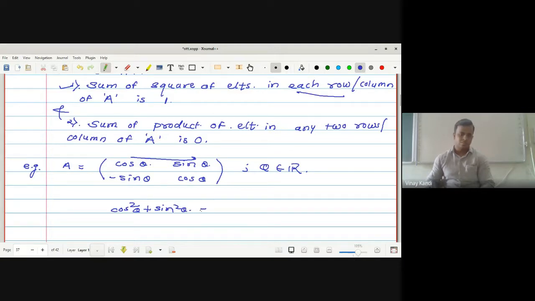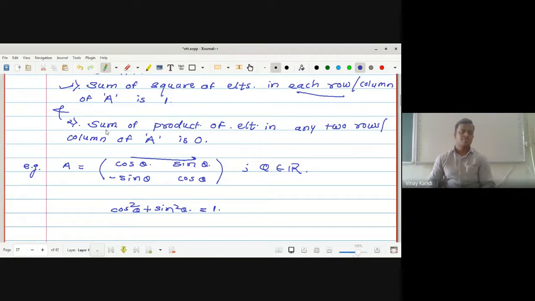But sin square plus cos square is equal to 1.